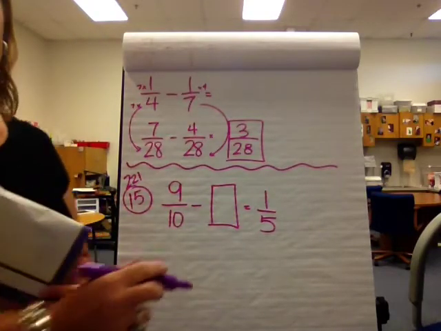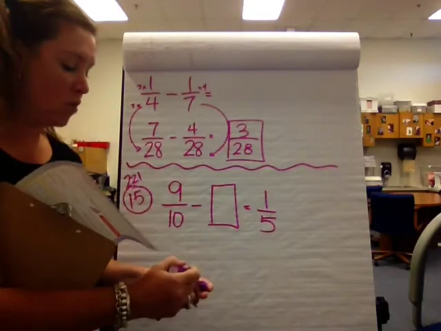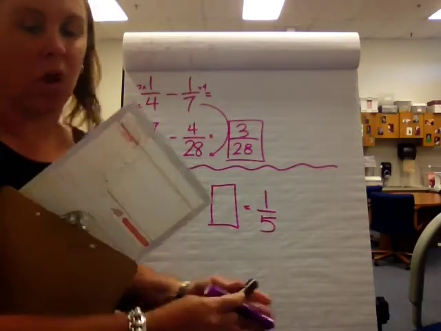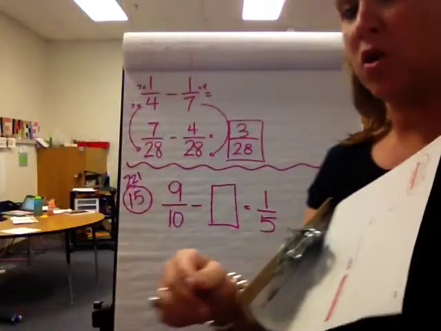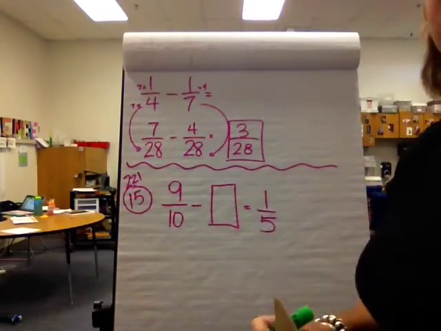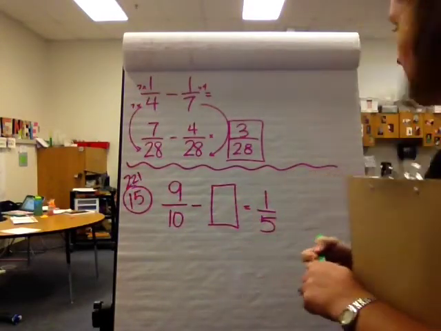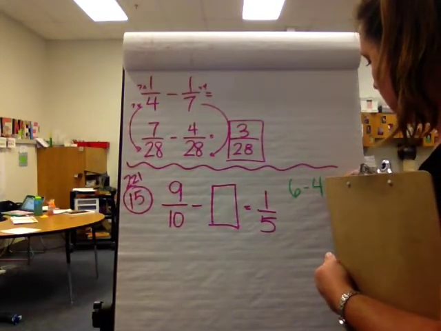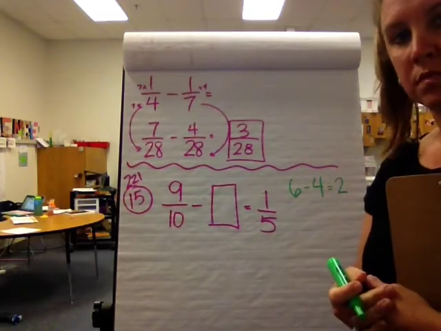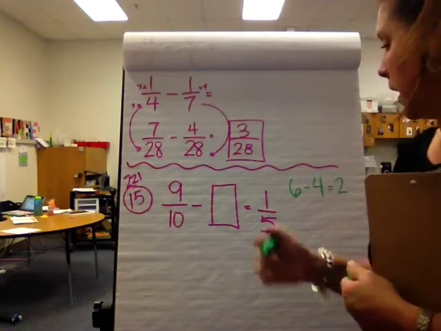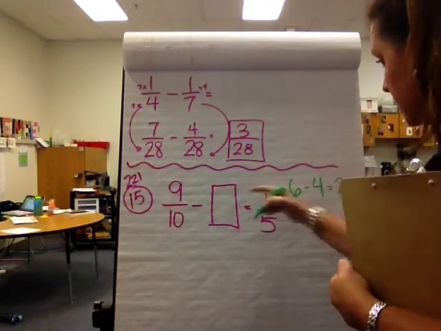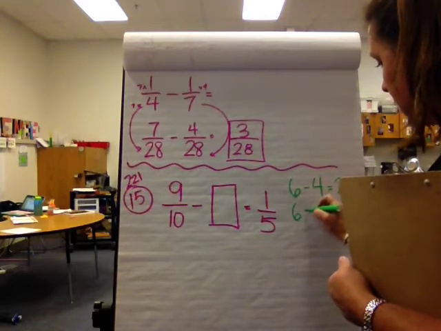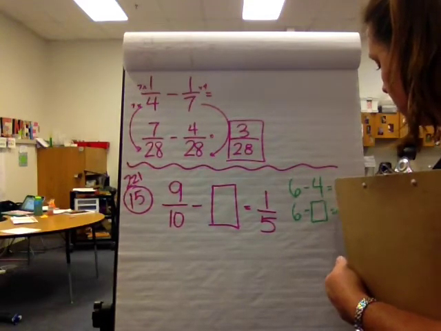Now, I know that you're thinking, Miss White, I don't understand how to do this. I don't know. Okay, then put what you do know. So let's take a second, and over here, use the numbers 6, 4, and 2. Let's say this is 6 minus 4 is 2. Just use 3 different numbers. Then create it to make it look like this: 6 minus a box is 2.